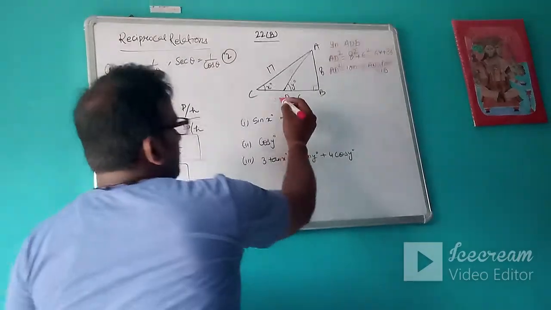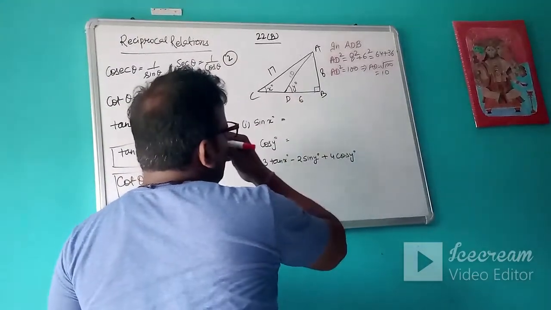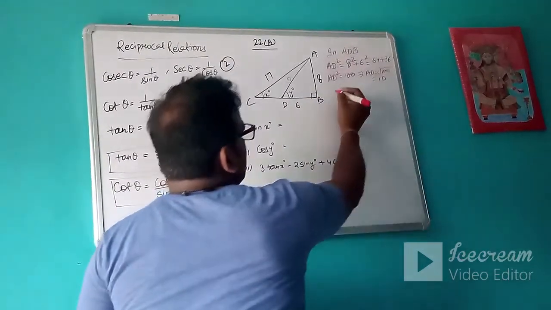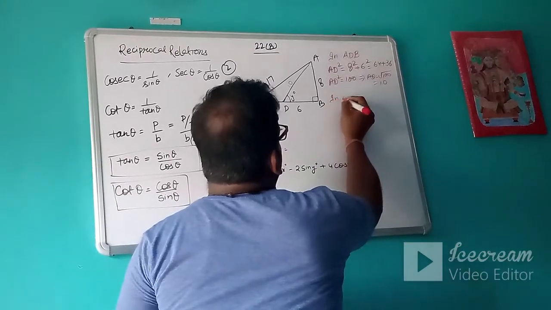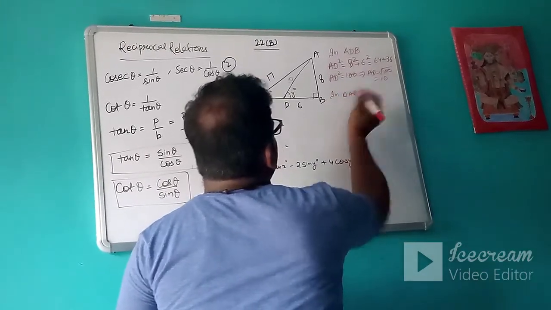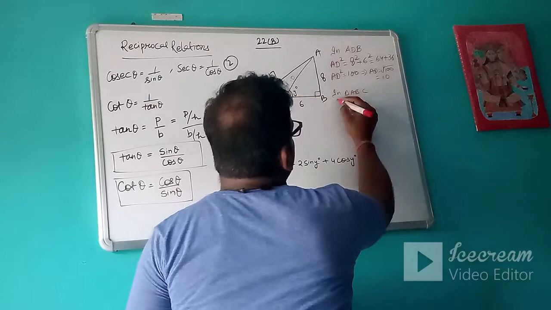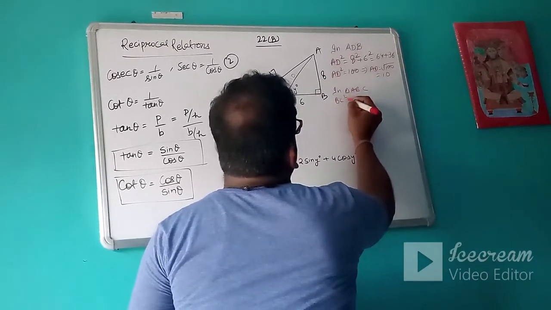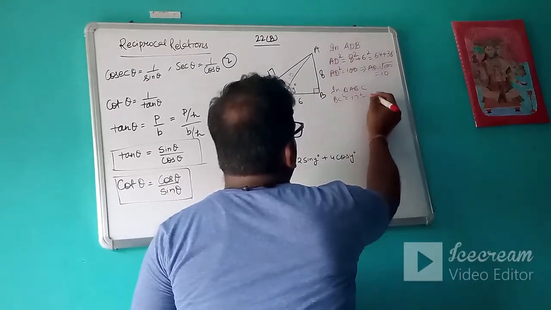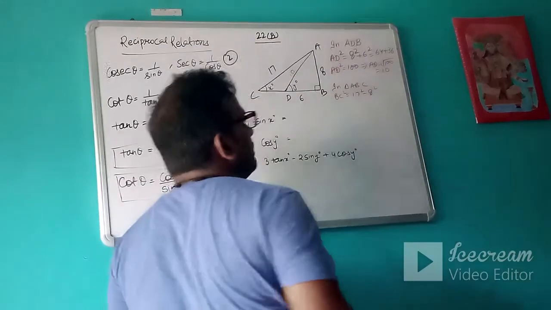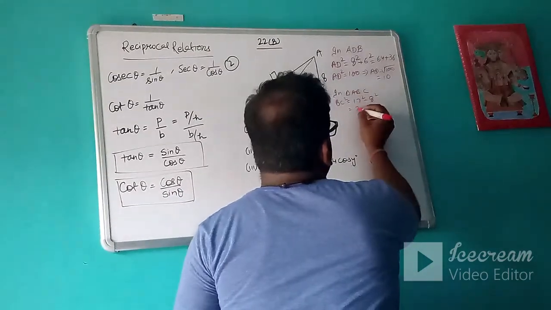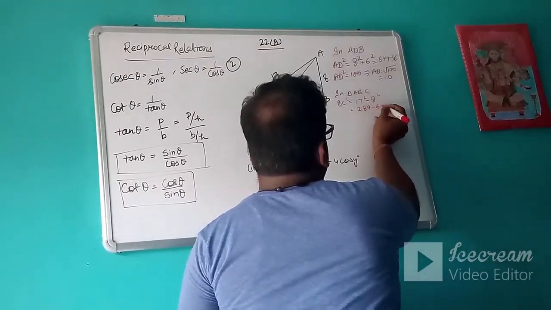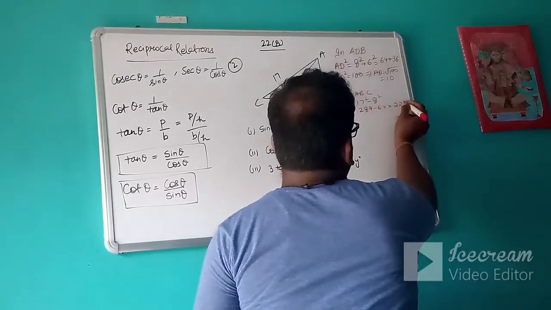Similarly, DC is not given, so we have to find the value of DC. We will take this big triangle. In triangle ABC, what we need is BC. So BC square is equal to 17 square minus 8 square, that is 289 minus 64, which is 225.